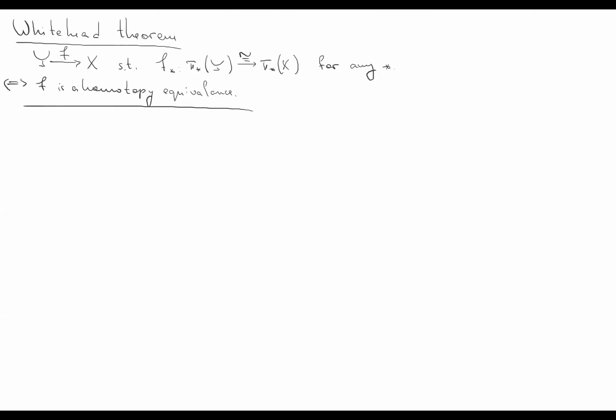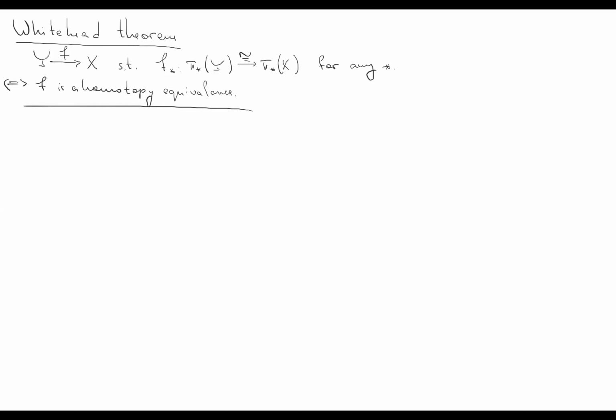So now we want to prove the theorem in the other direction. Suppose we have a map that induces isomorphisms on the homotopy groups, and we want to prove that it is a homotopy equivalence.